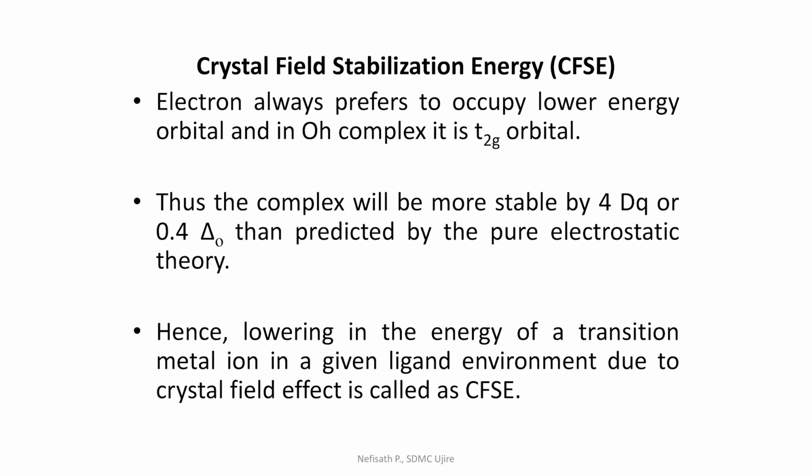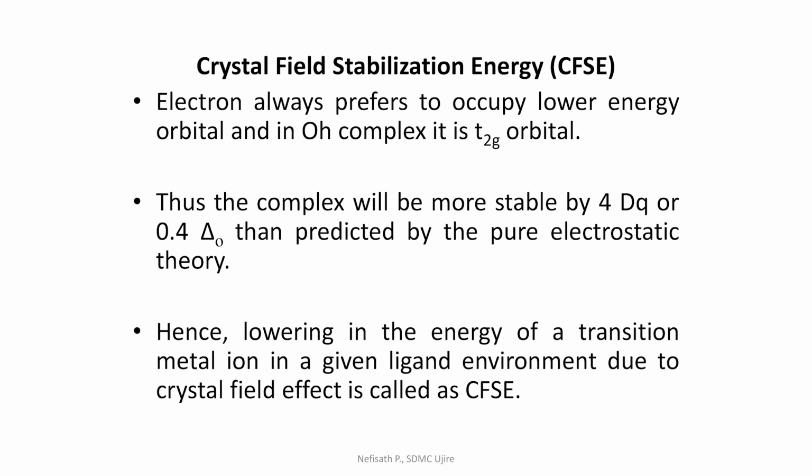Hence, we can now define crystal field stabilization energy. It is the lowering in the energy of the central metal ion in a given ligand environment. In the sense, it can be a tetrahedral ligand environment, an octahedral ligand environment, or a tetragonal or square planar ligand environment.